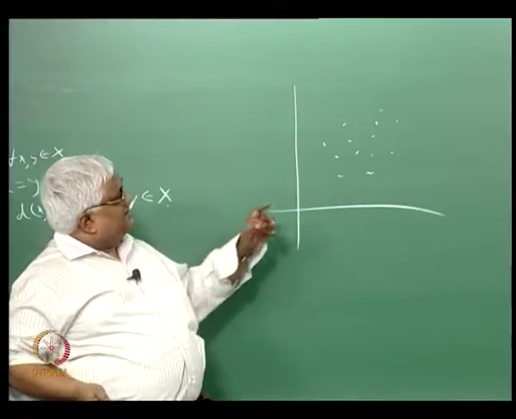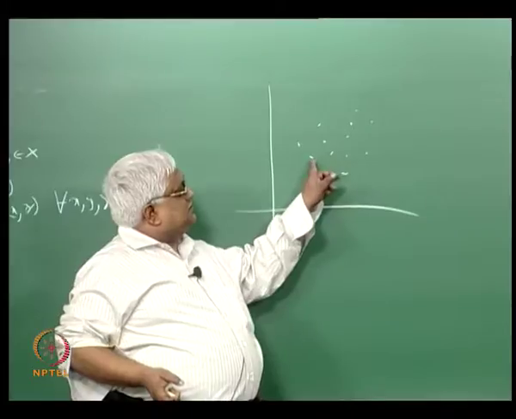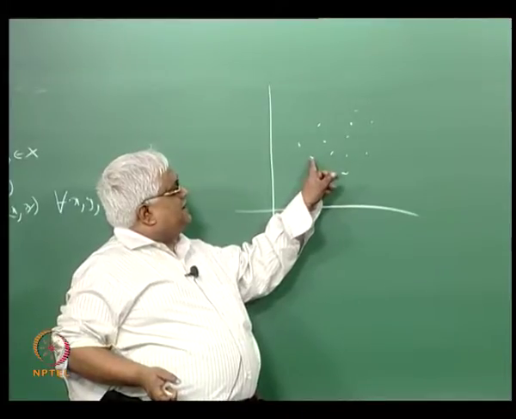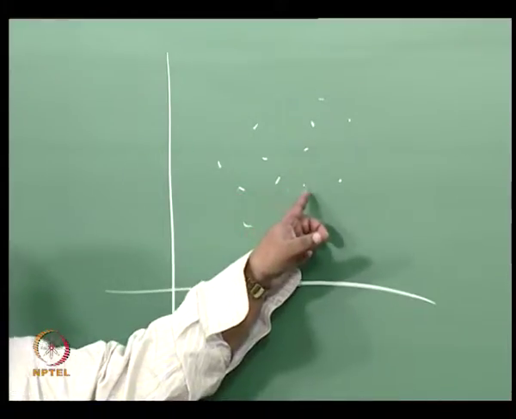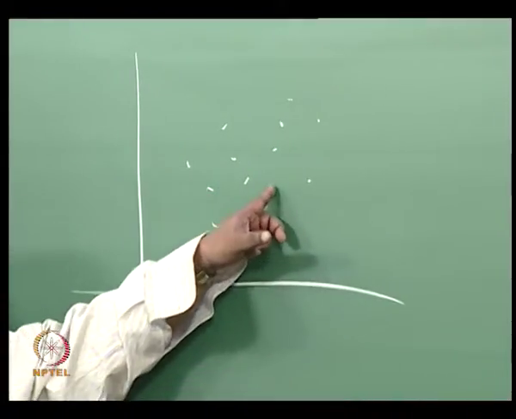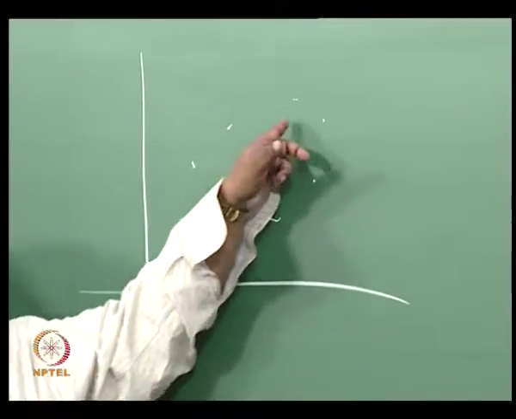We understand that this point is closer to this, that the distance between these 2 points is less than the distance between these 2 points. Similarly, the distance between these 2 points is less than the distance between this and this.